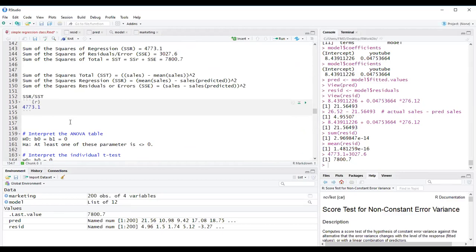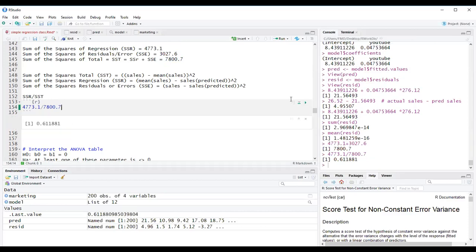Control V. SSR divided by, what's our SST? Ito na lang. Okay. Yan. 611881. Ano to guys? Ano to? SSR over SST. Sum of the squares of your regression divided by sum of the squares of total.